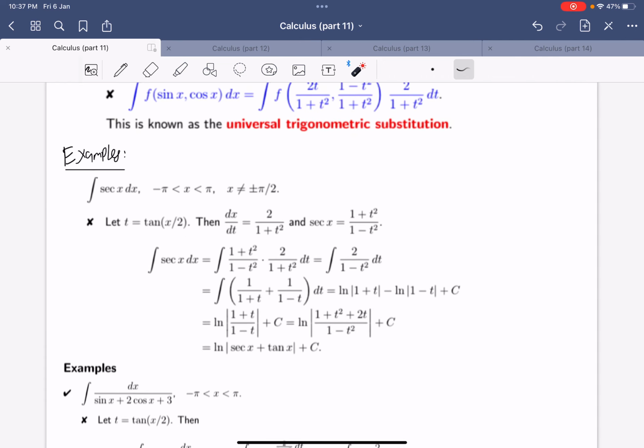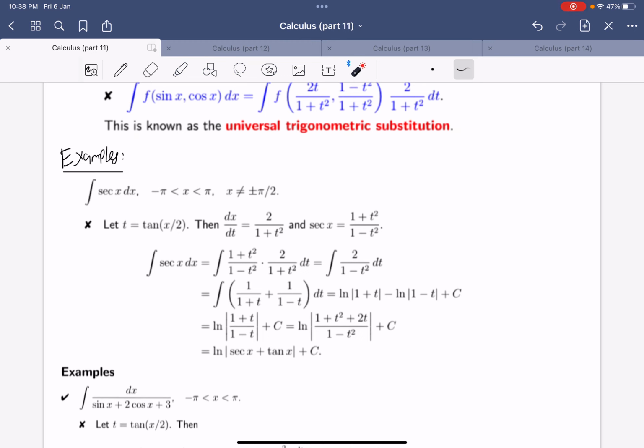So let's take a look over here. You just let t equal tangent of x over 2. You don't need to care how this is derived. Then you show that secant is this value. When you integrate now, you get this, which is a rational function. You're able to break it into simpler partial fractions, in which case you can integrate it easily to be lns of something.